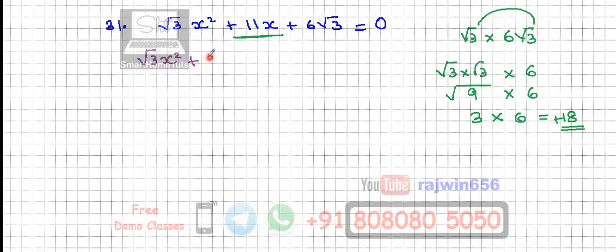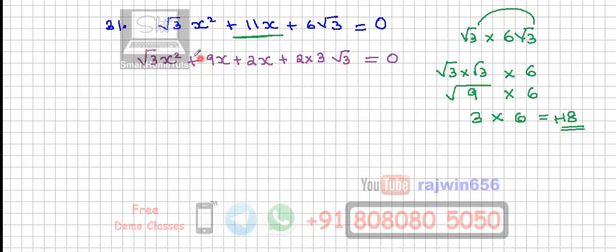Plus, this 6 I can simply split as 2 into 3, and that root 3 I'm going to keep like this only. This is equal to 0. What I've done simply in this step is I've just split this 11x as plus 9x plus 2x. This is the only thing that I have done in this step.